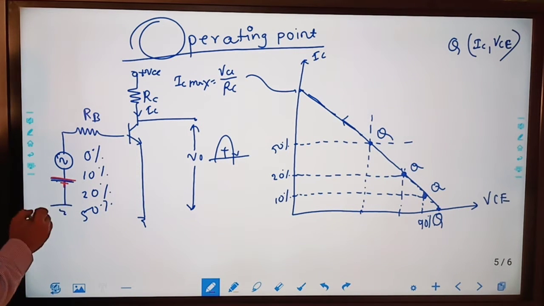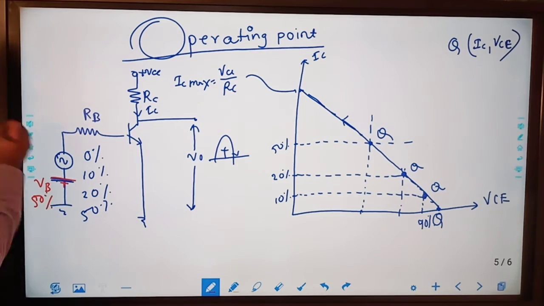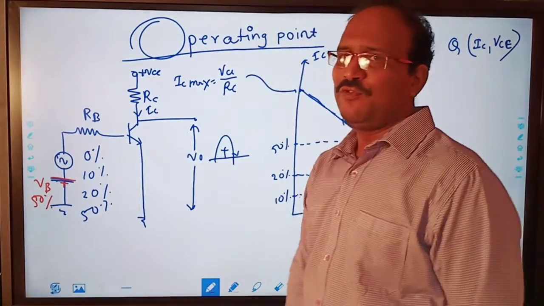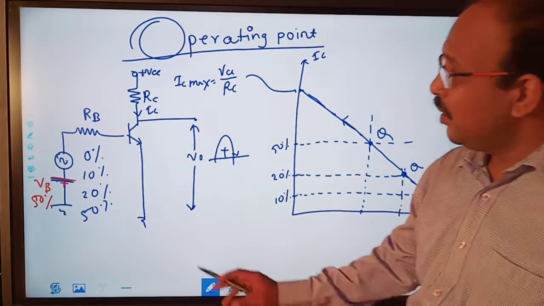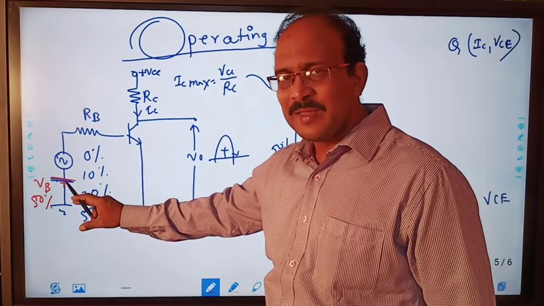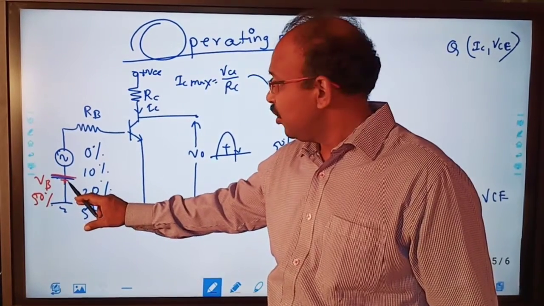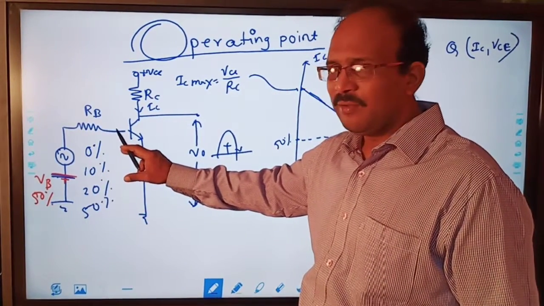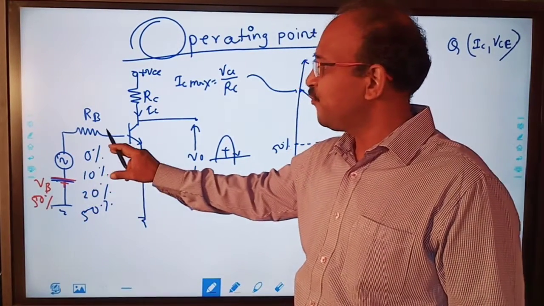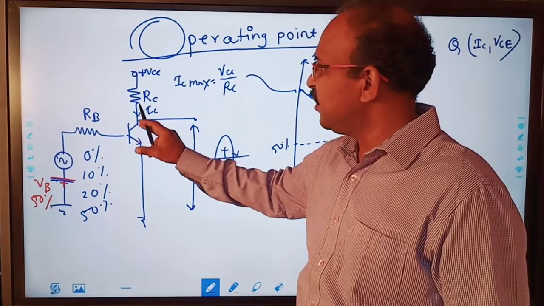We will be adding a battery, that is called VB, and it is 50% of whatever the input range. Now again I want to check. When the input is 0, but already this is 50%, so 50% IB will be flowing, and 50% IC will be flowing.